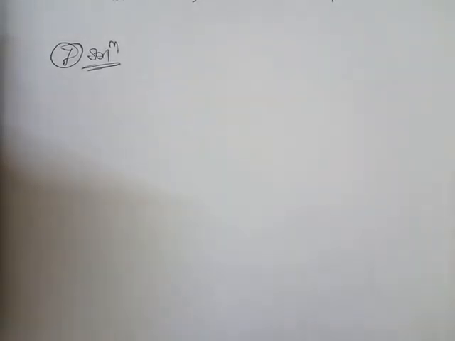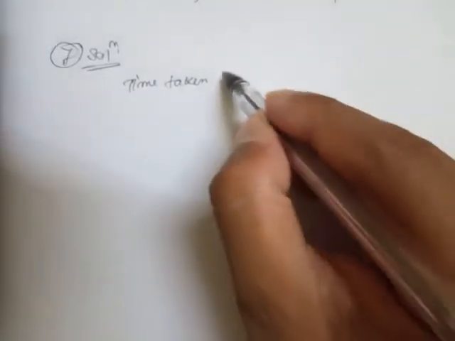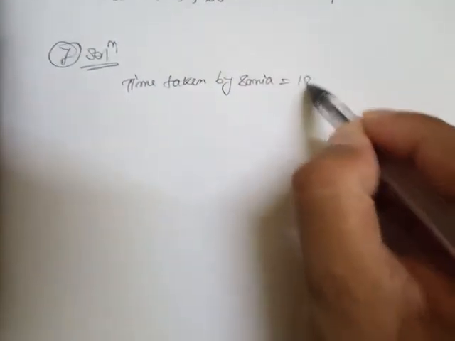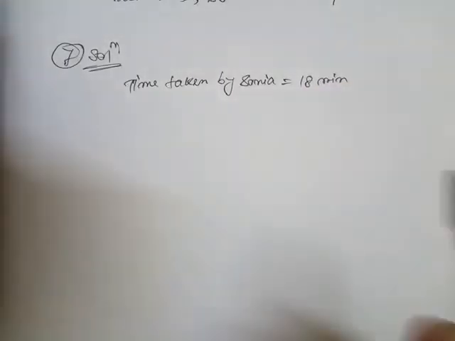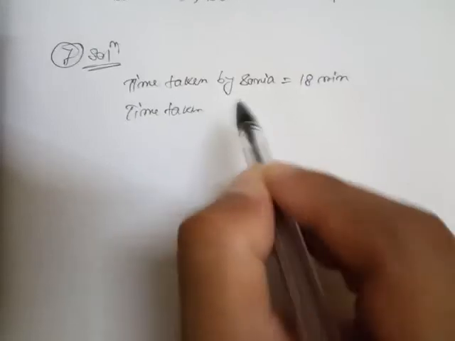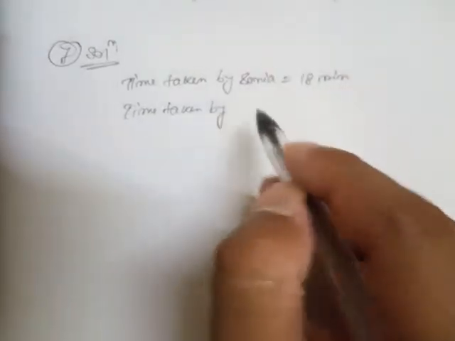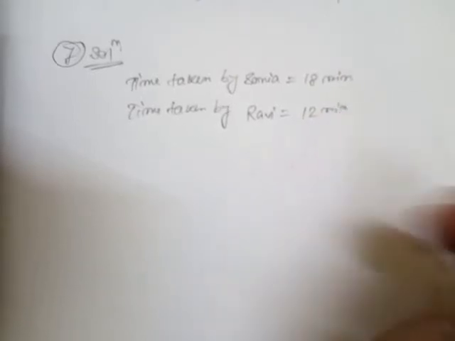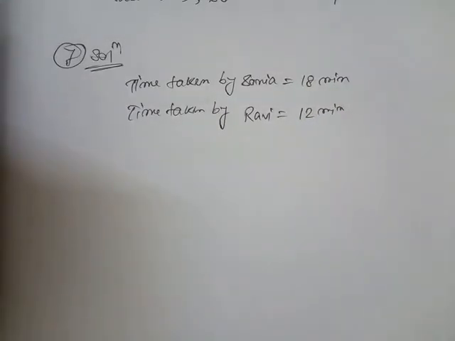So first of all we'll write here that time taken by Sonia is equal to 18 minutes, and time taken by Ravi is 12 minutes. Now look, after that we'll have to find the LCM here.